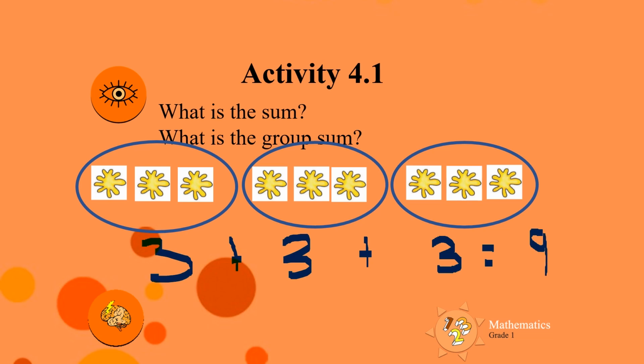What is the group sum? How many groups are there? There are 3 groups of 3. And 3 groups of 3 is equal to 9. Right.